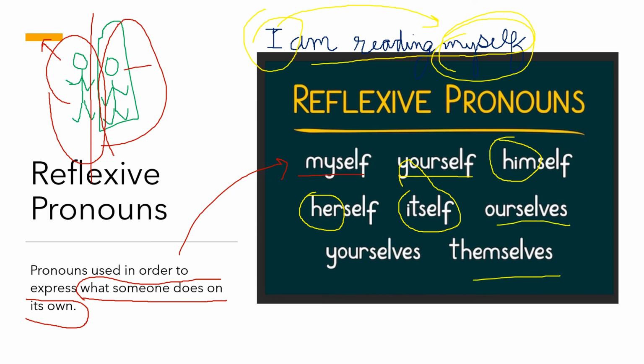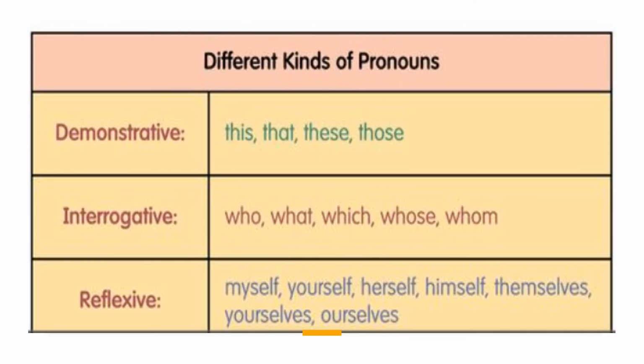ourselves, themselves, and yourself. So if I ask you to figure out the words and tell me to which category these pronouns belong, we can do this. This, that, these, those are demonstrative pronouns.